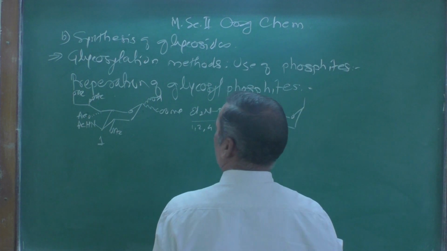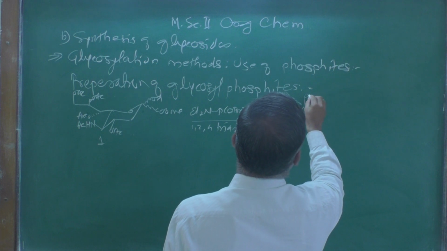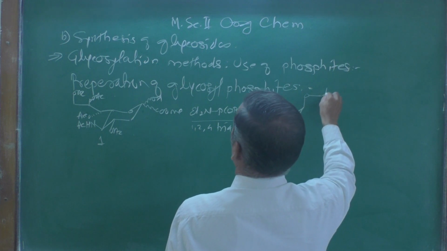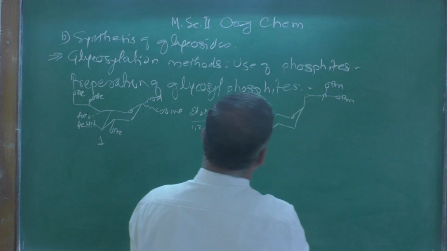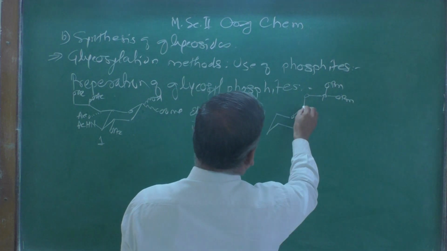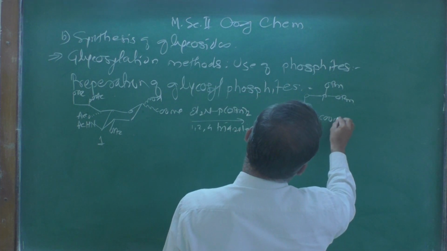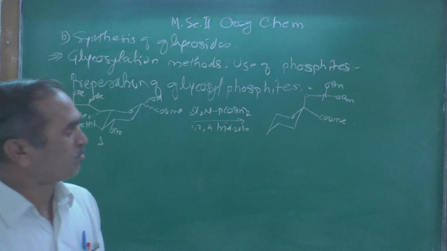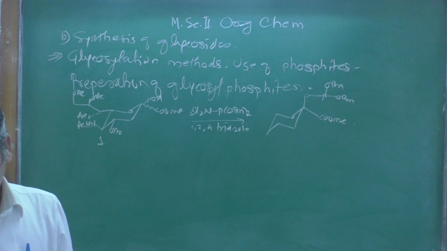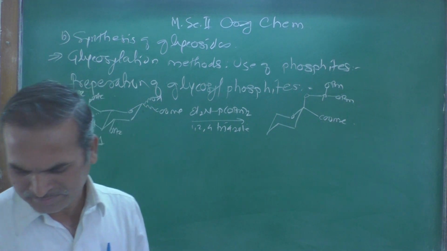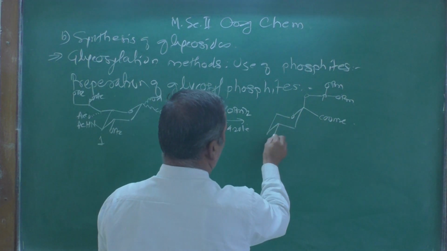So the group which is obtained at axial position, here P, OBn, then OBn, and this bond which is present at equatorial position, that is the ester group which is lying at equatorial position, and this is the percentage of this product.